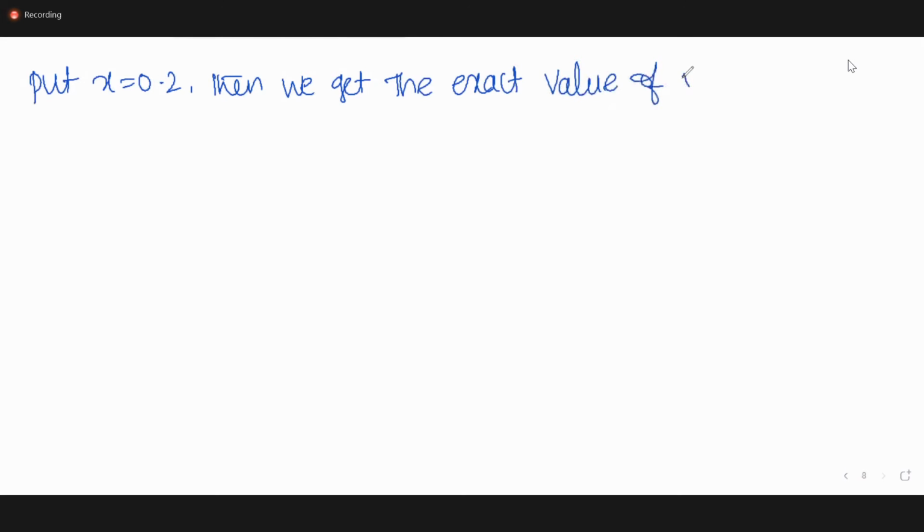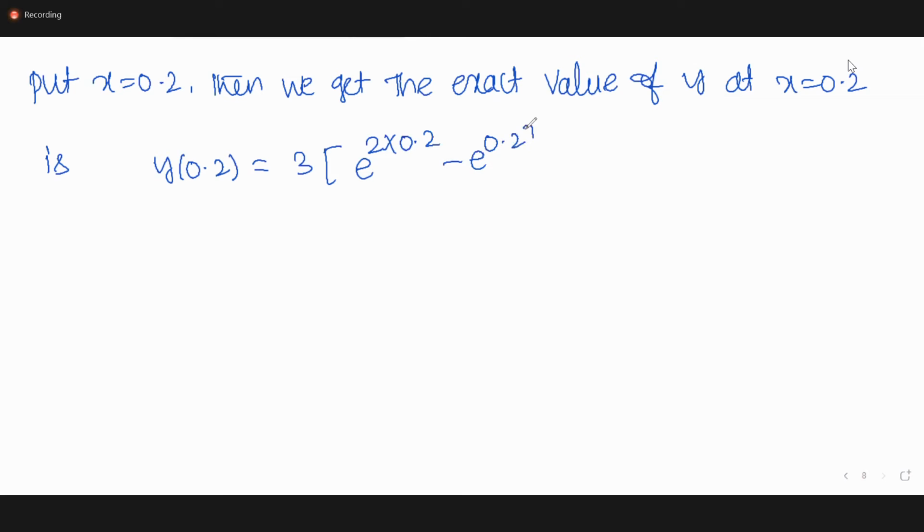Put x is equal to 0.2. Then we get the exact value. The exact value of y at x is equal to 0.2 is y of 0.2 is equal to 3 into e power 2 into 0.2 minus e power 0.2. Just calculate the value.